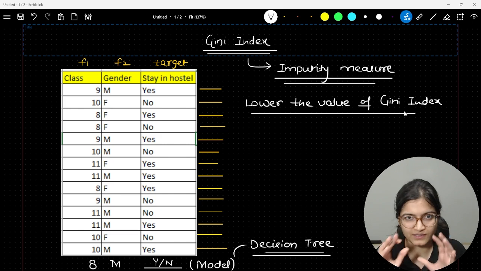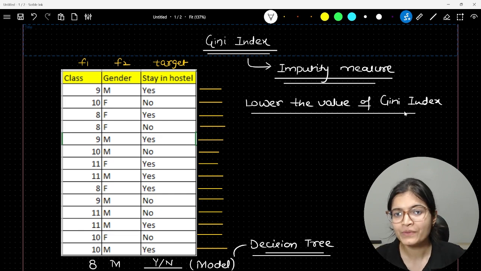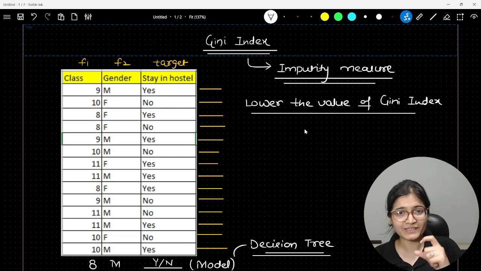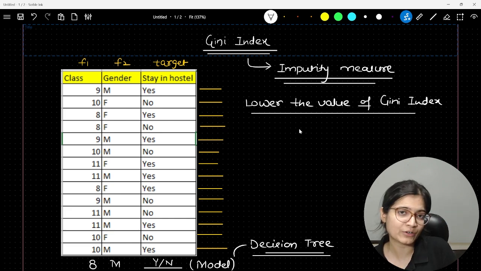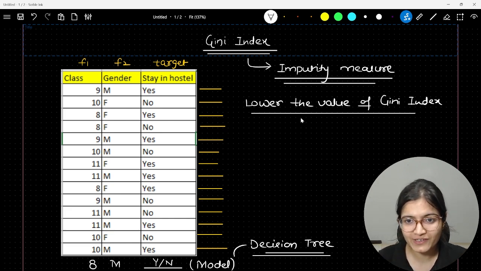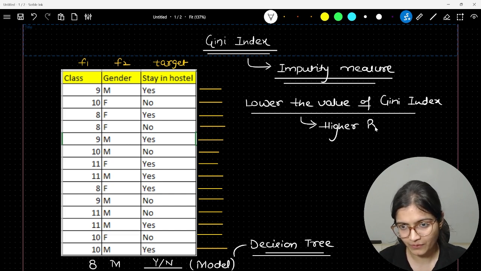It means that particular feature has more credibility to become the root node. So a lower Gini index means that feature has a higher priority.